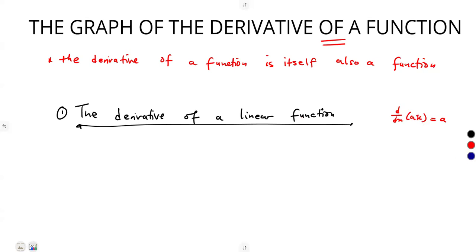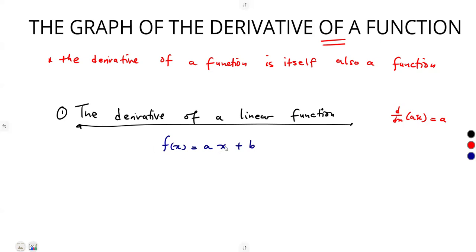So let's say we are given a linear function. In our case, f of x is equal to whatever expression that you're given. You can have ax plus b, you can have mx plus c, whatever, representing a linear function, where the highest exponent is 1.